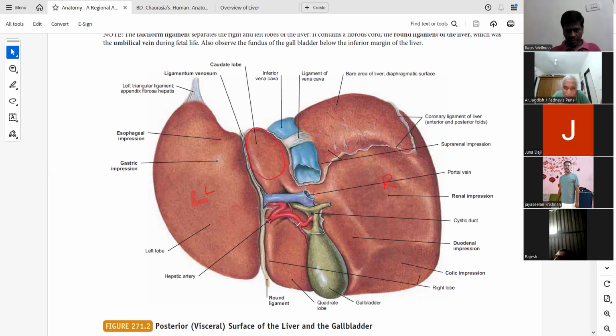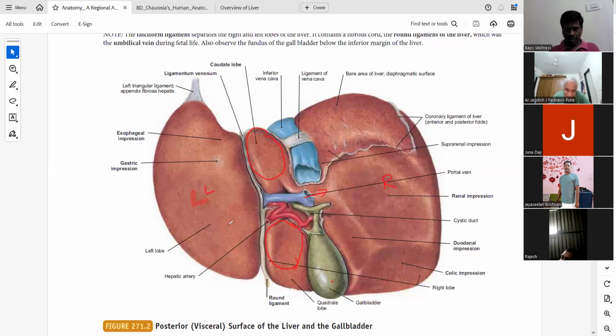And this is the quadrate one. The gallbladder is located adjacent to, just at the base of, the liver. You see the portal vein. This is the one which carries the majority of the blood supply.